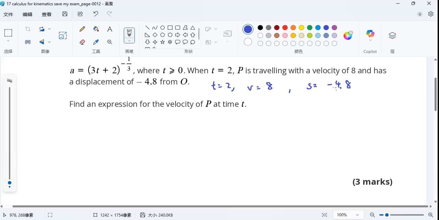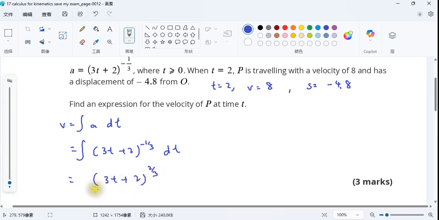Okay, so we know that v is integrate a dt, then it will be integrate of 3t plus 2 to the power negative 1 over 3 dt. Then it will be 3t plus 2 to the power 2 over 3 over 2 over 3 times 3, plus c.